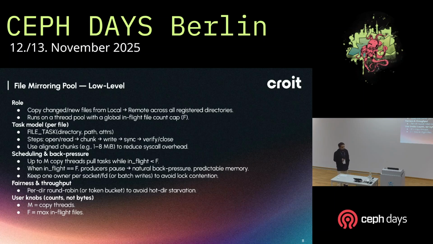For smaller files, which we know are a problem for Cephfs-mirror, we try to batch them: read a 4 MB chunk first, buffer it, and then write the smaller files at once. So for the user, the knobs are maximum files in flight and number of copy threads.